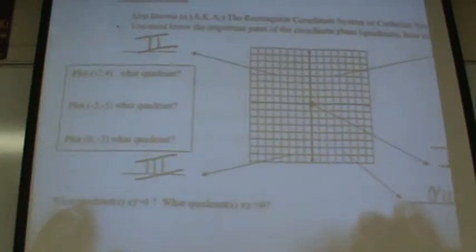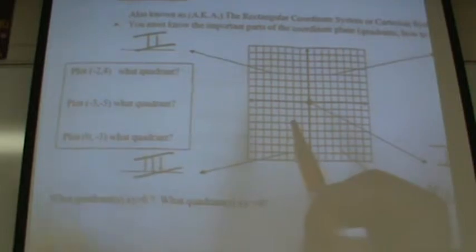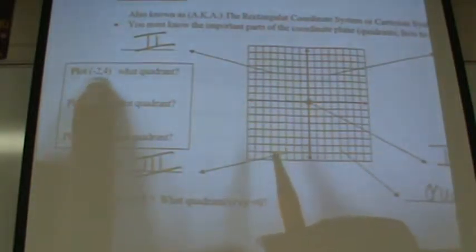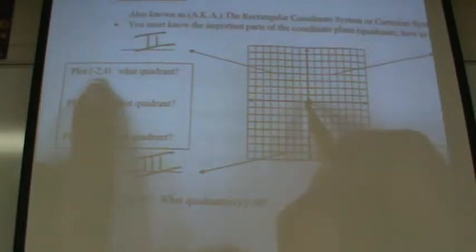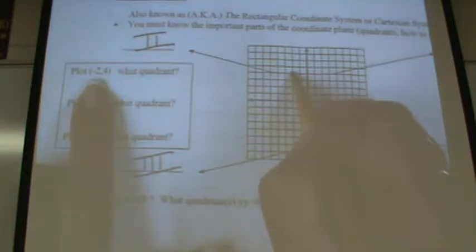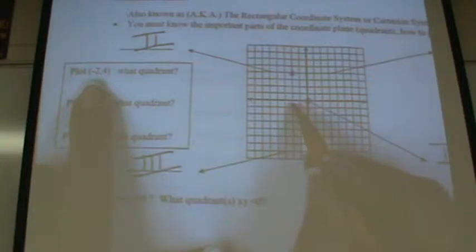Now, can you all plot these 3 points and tell me what quadrants they are in? Everyone should be able to do that. How do you plot or graph (-2, 4)? You start at the origin and you go 2 to the left and 4 up. Does everybody recall how to plot points? Over 2, up 4. What quadrant is that in?